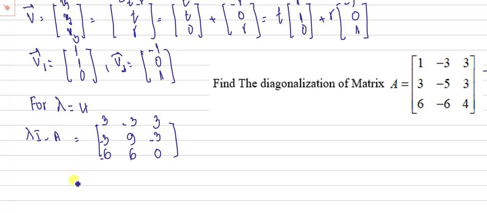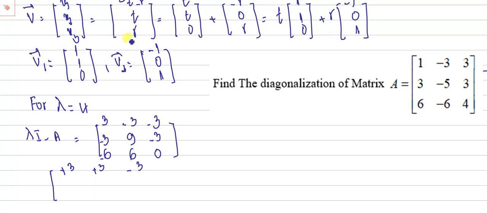So I just write only the augmented matrix. I leave out the first two rows. 3, minus 3, and this one is minus 3. Minus 3. This one is 3.